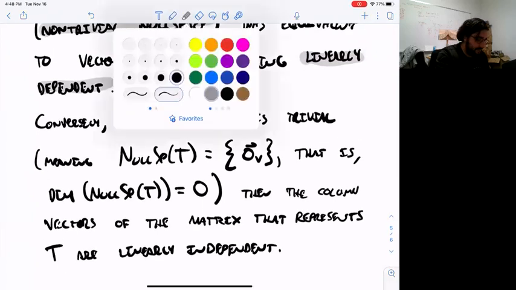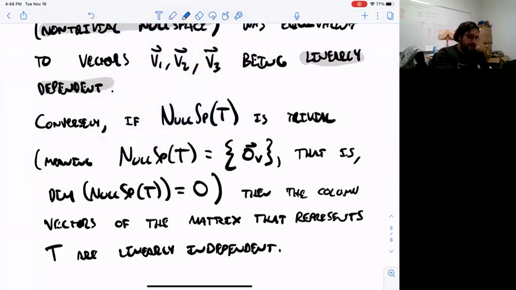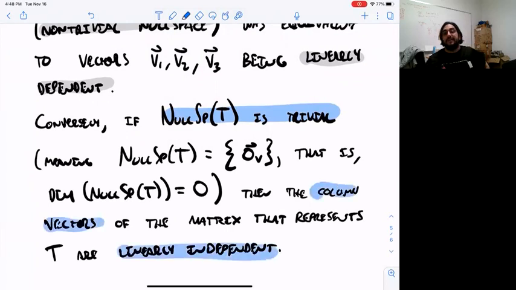So once again, the null space being trivial means that the column vectors are linearly independent.